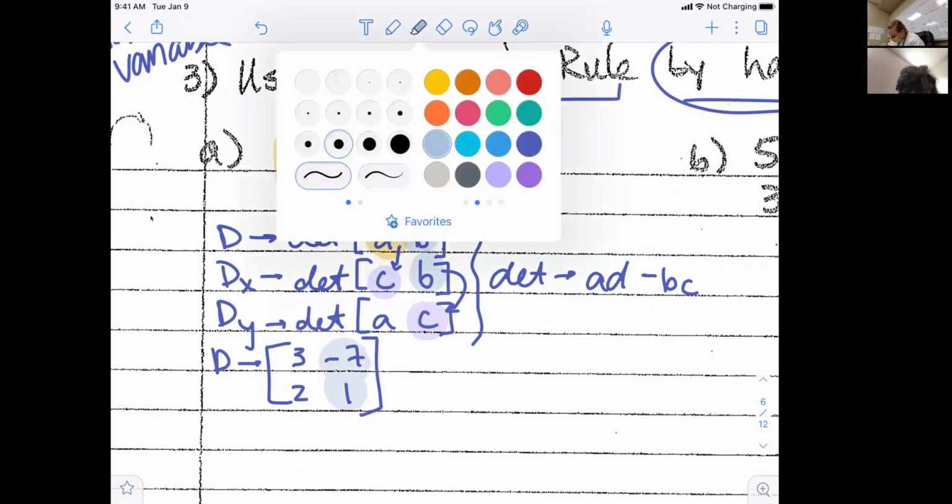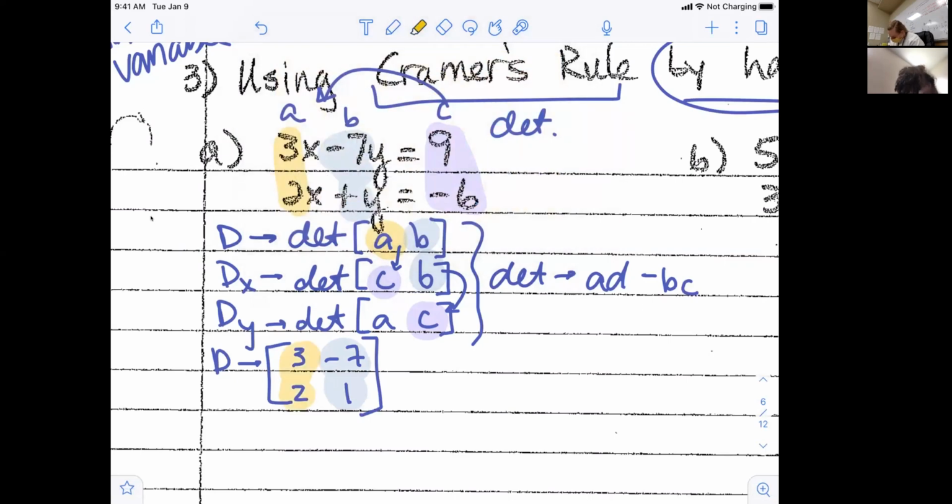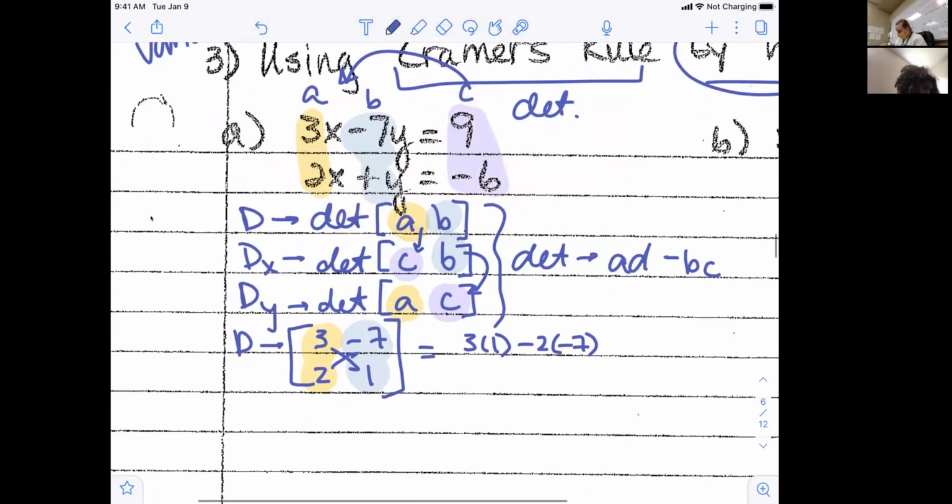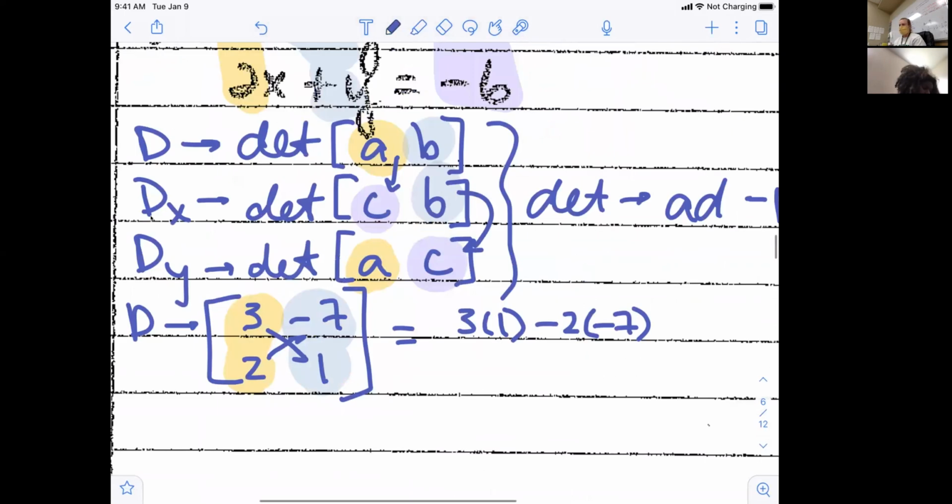There's my B, and then here's my A. Determinant, I'm going to do 3 times 1, minus 2 times negative 7. Everybody remember that skill? We learned that a couple days ago. Determinant, that's not new or crazy. 3 minus negative 14, and so that becomes 17.